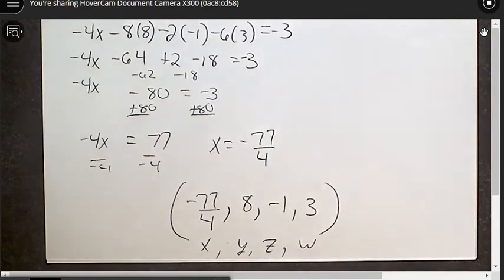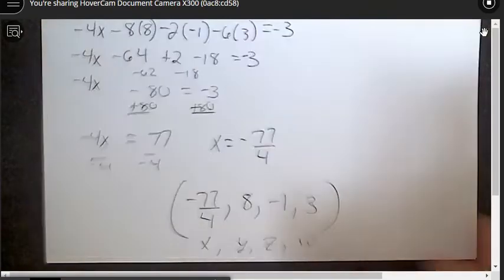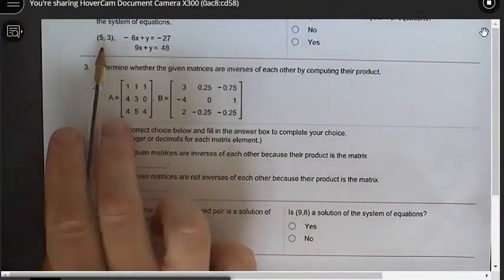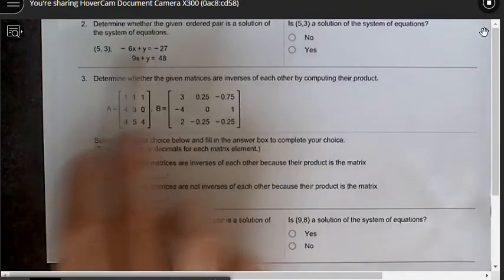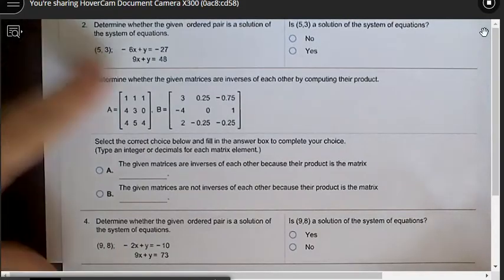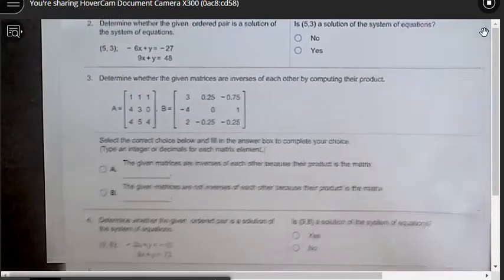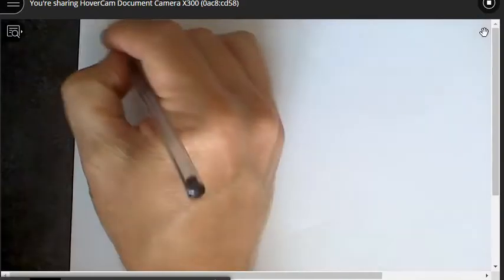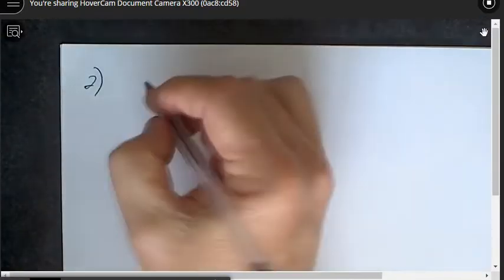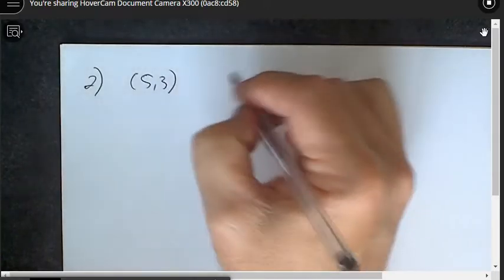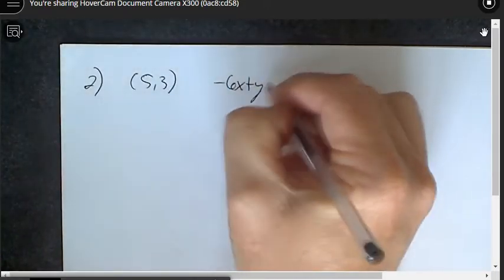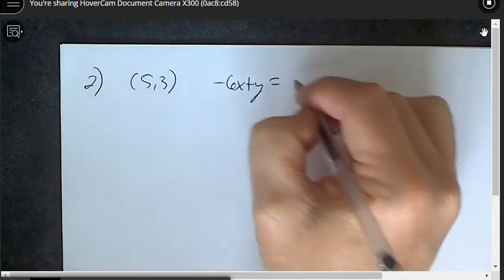All right, question 2. Definitely a lot quicker on question 2. Because with question 2, it simply says, here's this ordered pair. Is this a solution to this system? So all we have to do is take the 5, 3 and plug it back in and see if those things are actually equal. So for number 2, we have negative 6x plus y equal to negative 27.